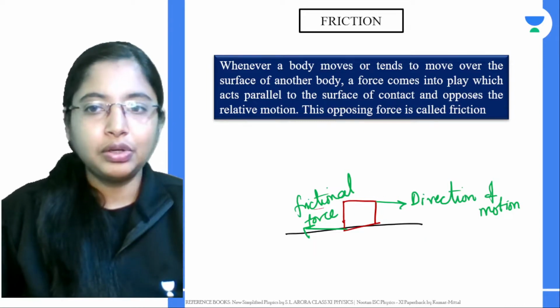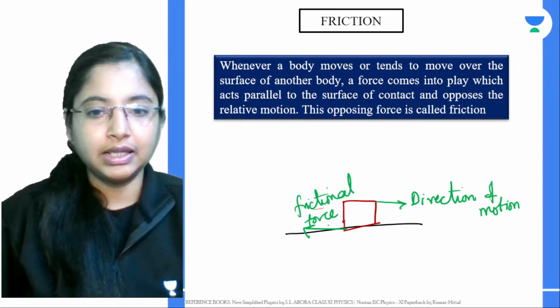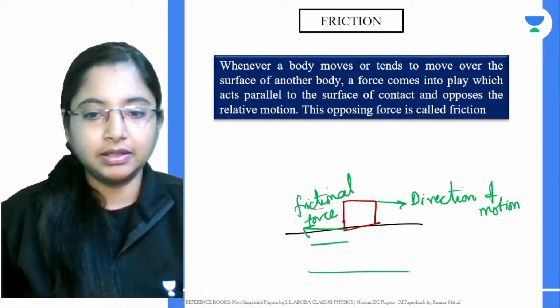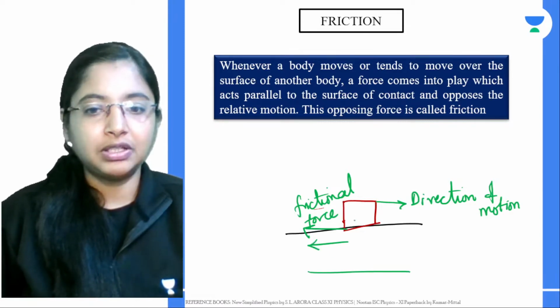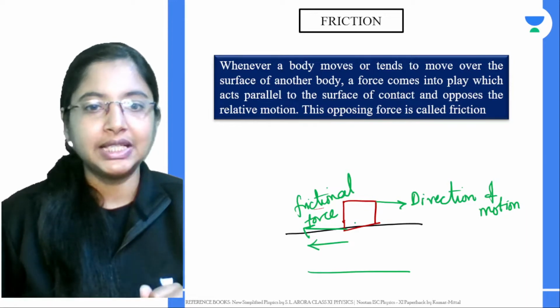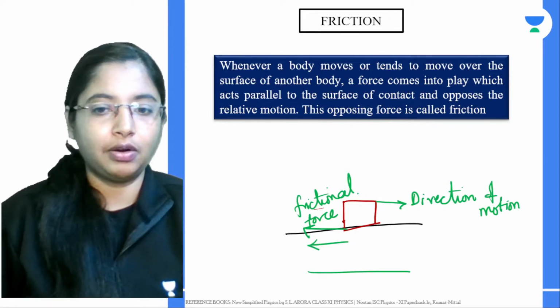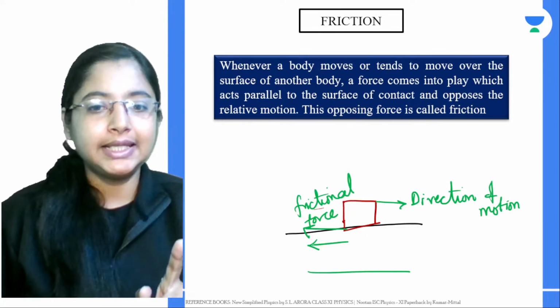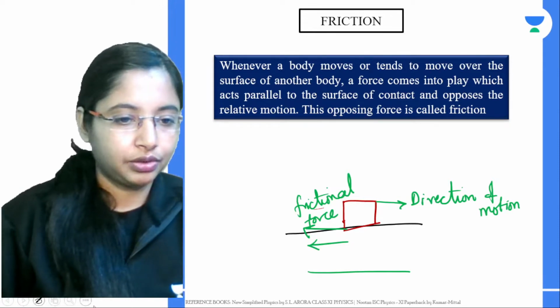A force comes into play which acts parallel to the surface of contact between these two objects, and it opposes the motion of this block. This opposing force is what we call frictional force. Very simple concept.